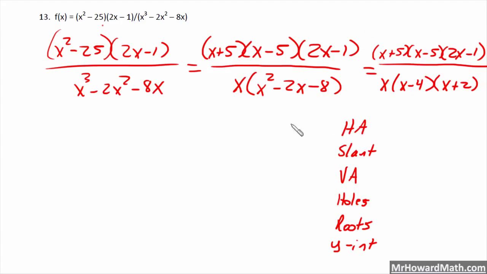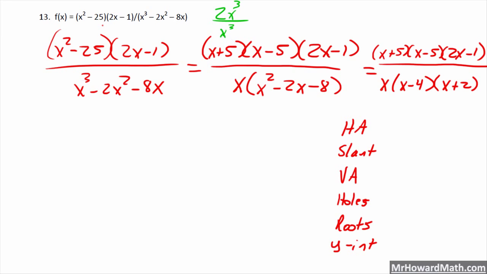For the horizontal asymptote, we want to look at it with it multiplied out. The bottom, the denominator, is multiplied out, but the numerator, the top, is not. So I would have to multiply x squared times 2x. That would give me the largest degree term on top is 2x cubed. The largest degree term on bottom is 1x cubed.